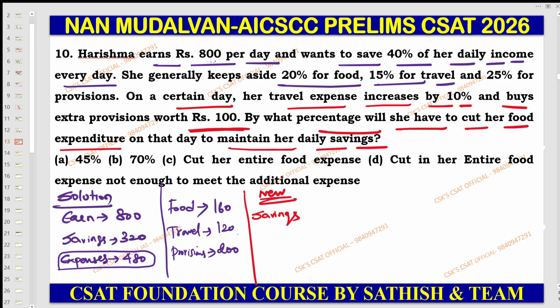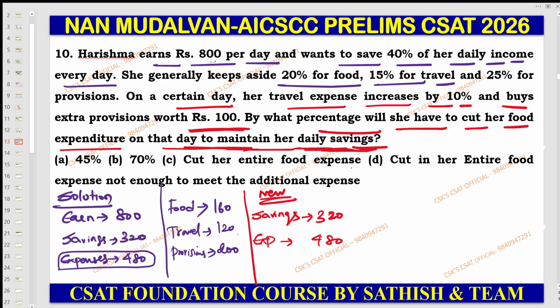In order to maintain the savings, what is the saving here? 320. Because the question clearly states to maintain our daily savings, the expenditure should not cross 480. So expenditure must be 480. Remember that also.